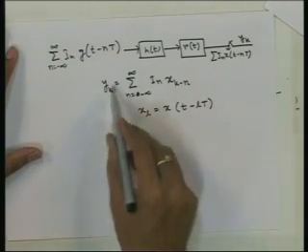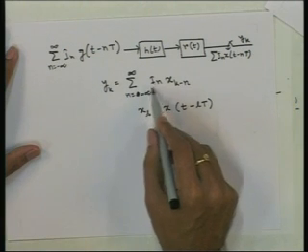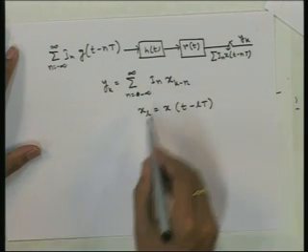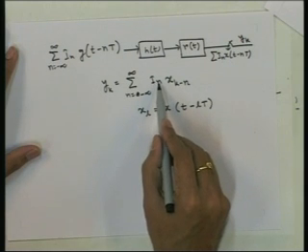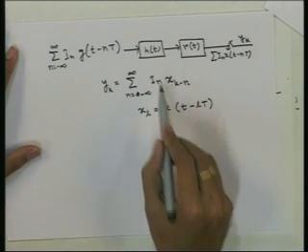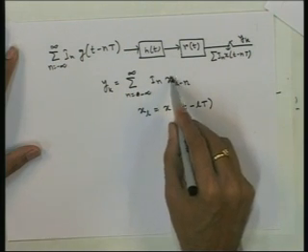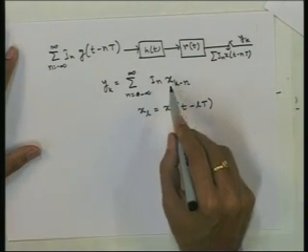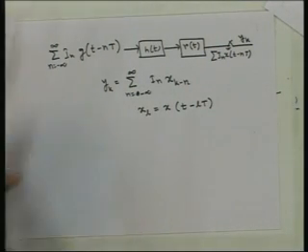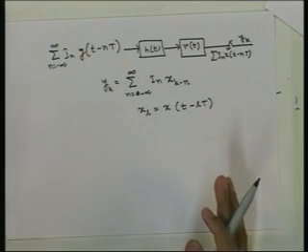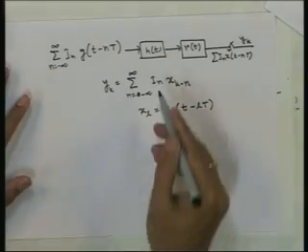So, this is what we will have at the output of the sampler. This has contribution from all the symbols, and ideally we would like to have only I naught, some non-zero value, and all the other components here should be 0. So, that the 0th symbol is not interfered by the other symbols which came before or which will come after the 0th symbol.